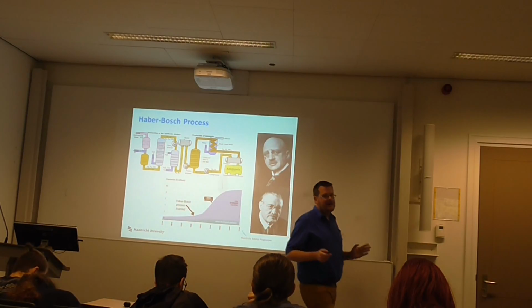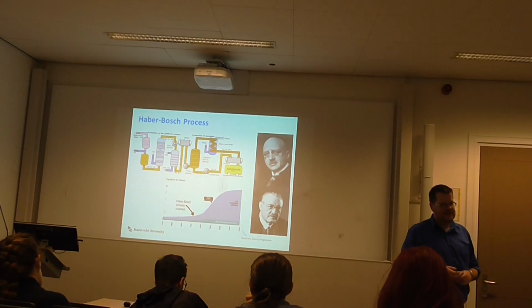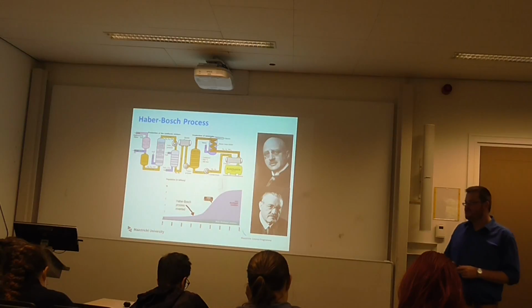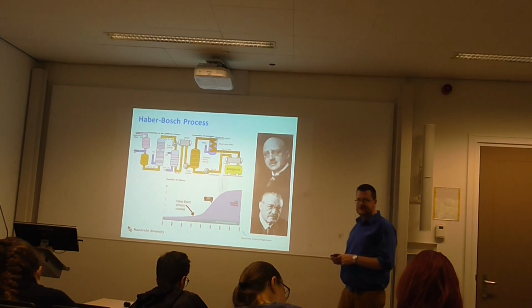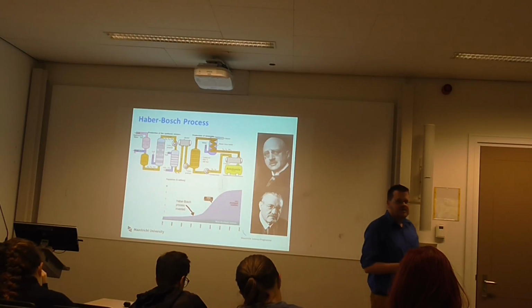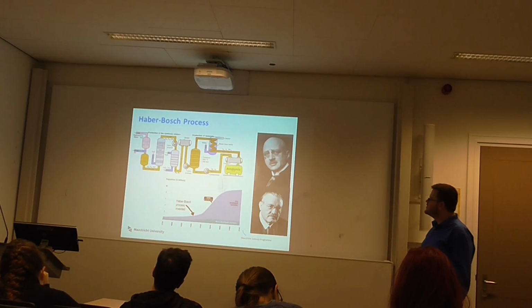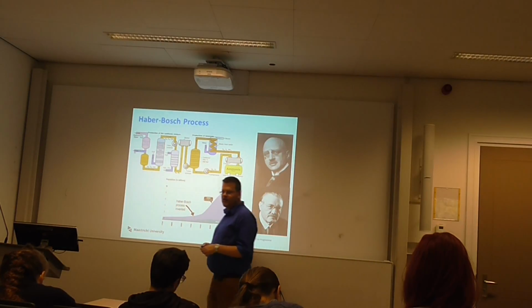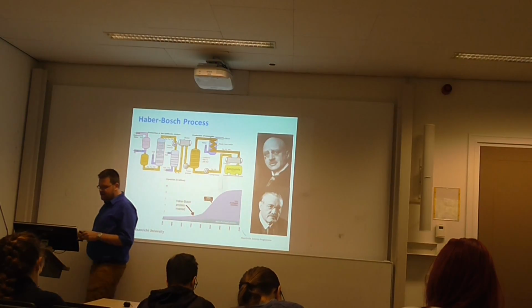What I'd like to say about this process is that without it, world agriculture would only be producing around 2/3 of what we currently can produce. Why is that? Fertilizers. Yes, exactly. So this process is extremely important for humanity, for our survival, probably the most important.